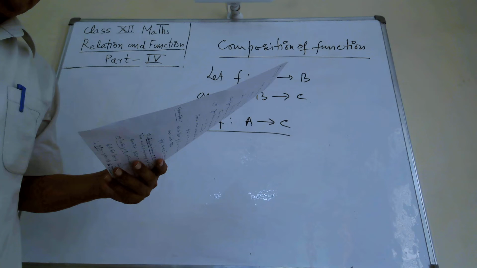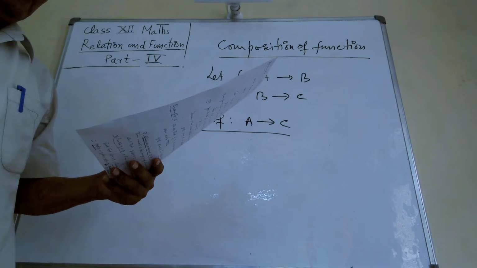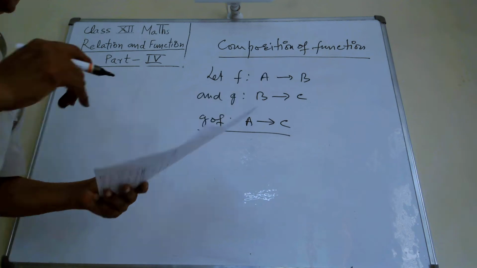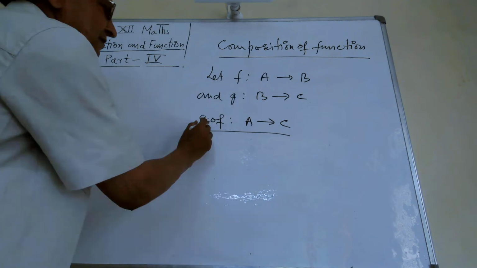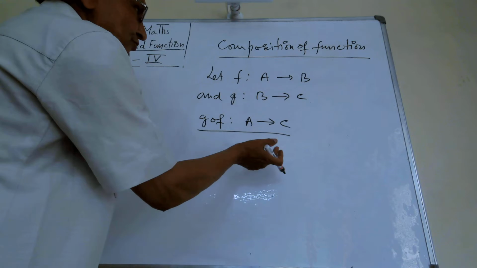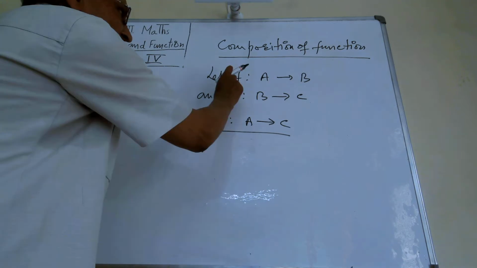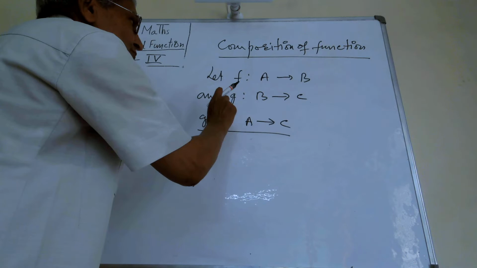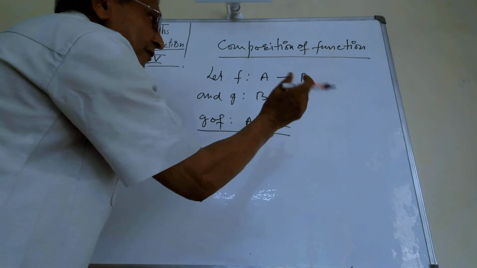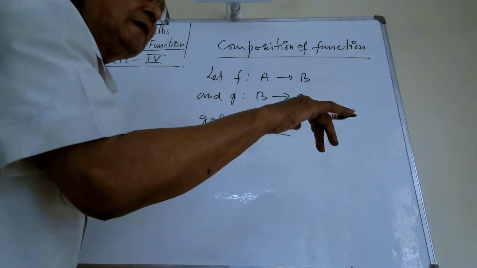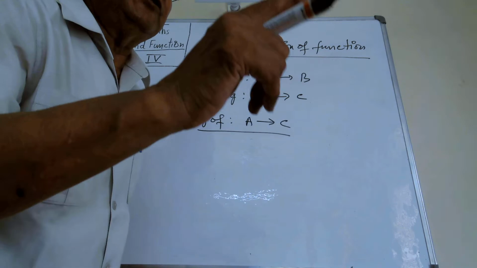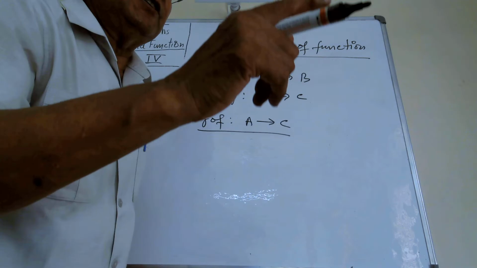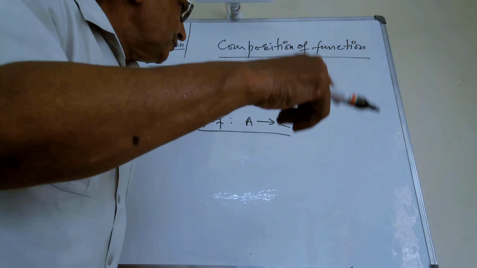The composition of f and g is denoted by gof, and if you want the composition of g and f, that will be fog. Composition of f and g is gof, and gof is not equal to fog.